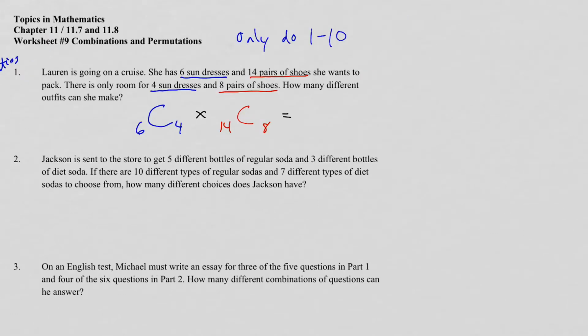So I'll keep this color coded. It's going to be 6 minus 4 times 4. Whoops.